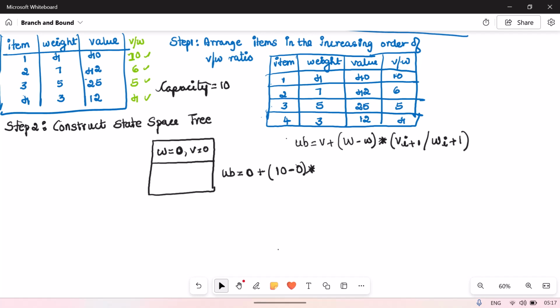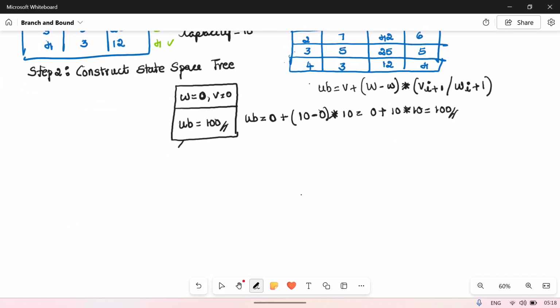See, I am at the initial state of 0th item. So, I should take the ratio of the next item. 0 means next item is 1. So, 1's ratio is 10. So, it is 0 plus 10 times 10, which is equal to 100. Okay, so upper bound is 100.